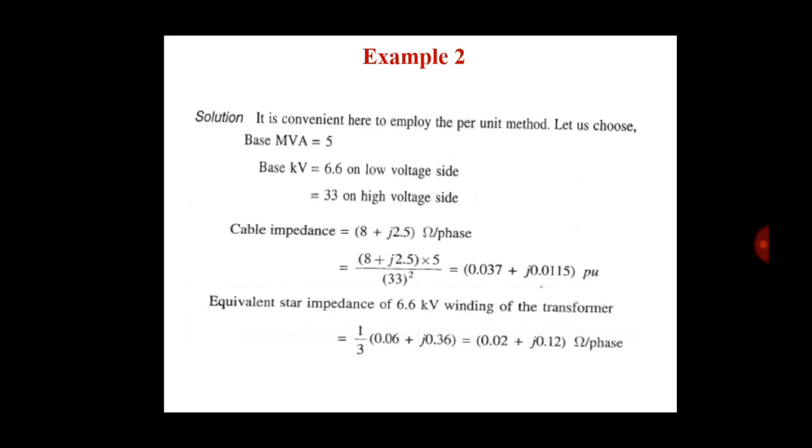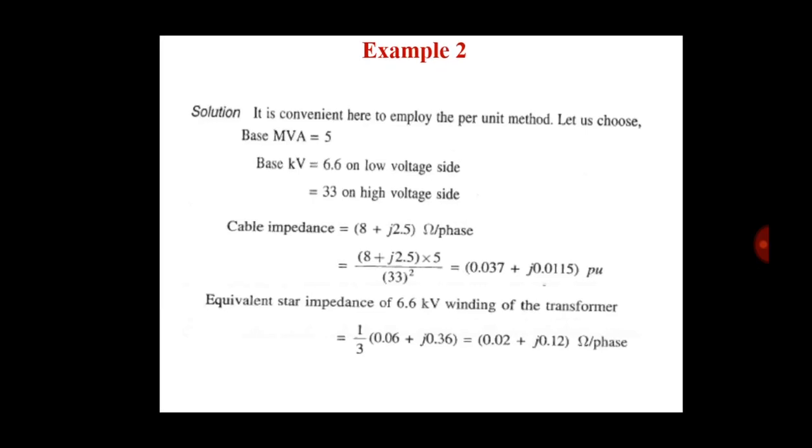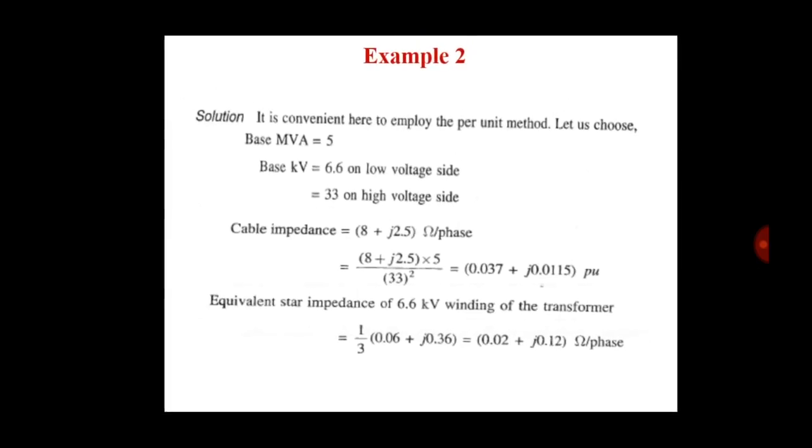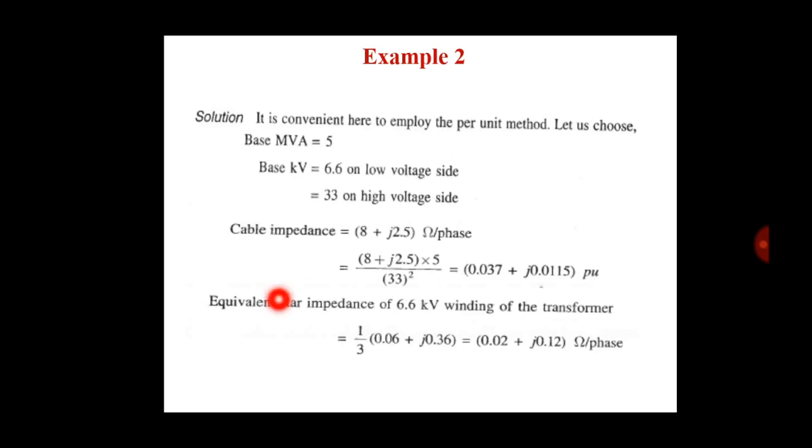0.0115 per unit. Now the equivalent star impedance of the 6 kilovolt winding of the transformer is 1/3 into the actual value given. So 1/3 of the delta connected impedance 0.06 plus J 0.36, divided by 3, is equal to 0.02 plus J 0.12 ohm per phase.